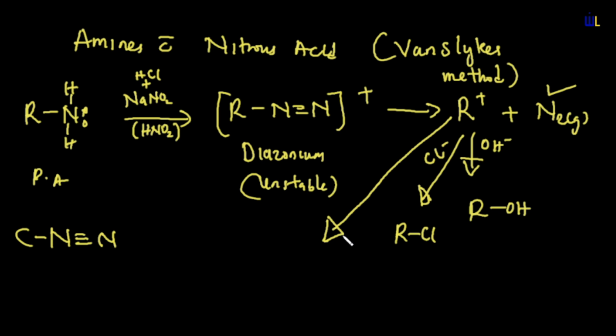If, for instance, you don't have any of these and you decide to remove an atom of hydrogen, automatically it will lead to the production of an alkene. So the point is this: the diazonium ion being unstable will break into a carbocation and nitrogen gas. This carbocation will now react with other reagents to form the alkanol or the haloalkane, or better still, remove a hydrogen atom to become an alkene.